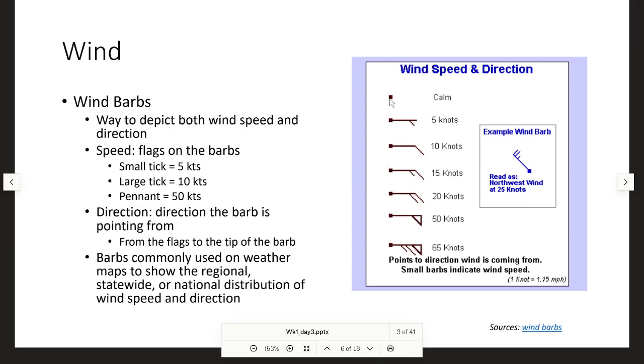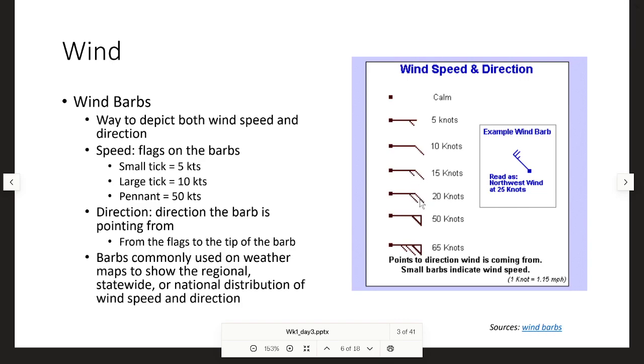So calm is a square, and then if you have 5-knot winds, you'll have this little small tick. It's like a half tick. And then these long ticks are 10 knots. So you add them together. In this one, you have a long tick and a small tick, so that's 15.